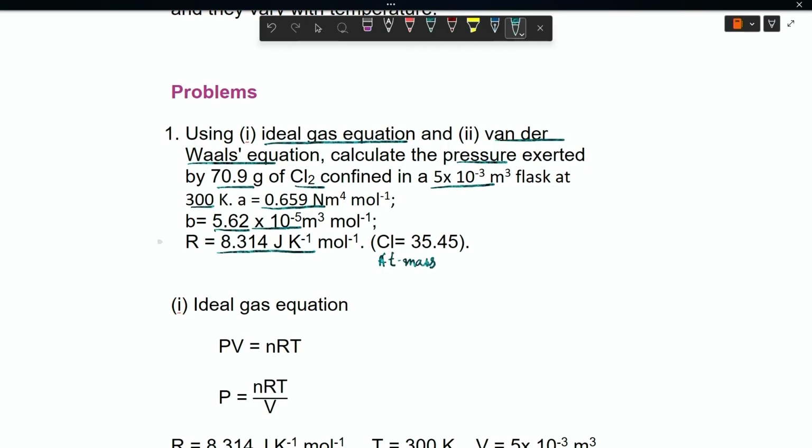This is the atomic mass of chlorine, 35.45.